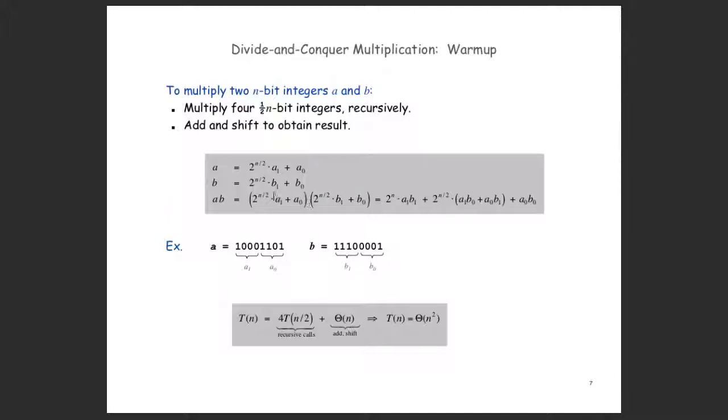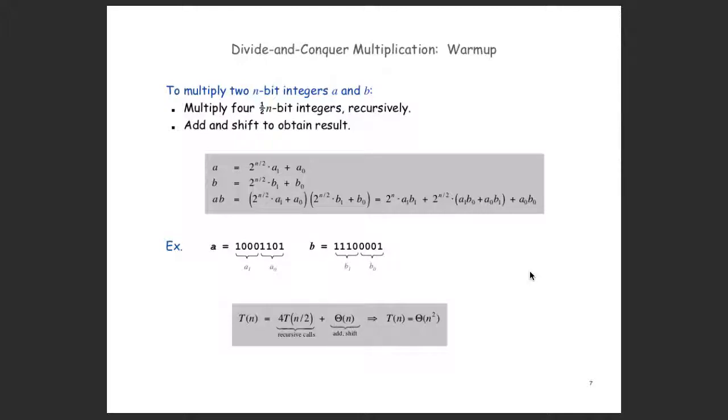We can do the same kind of thing, go by the first half and the second half of a number. And so we can compute a to be 2 to the n divided by 2 times a1 plus a0. So that's the first half plus the second half. Same for b, and then we can do this multiplication.